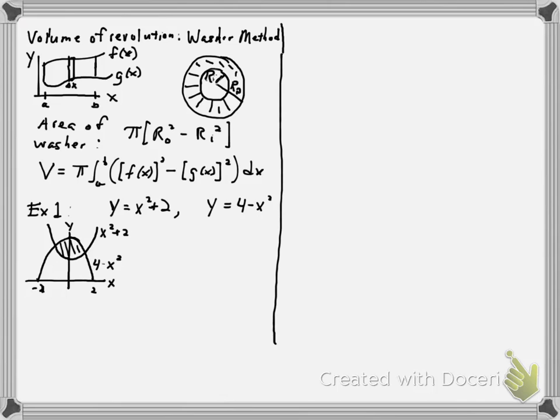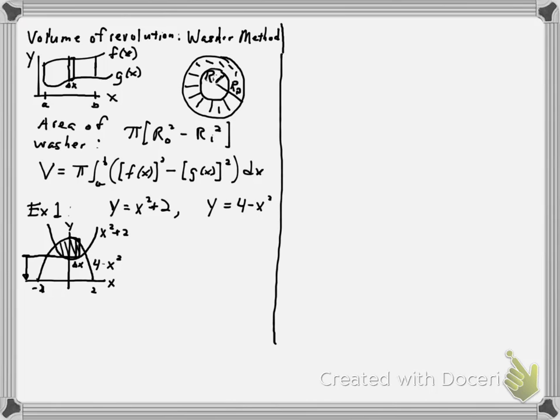We're going to be rotating about the x-axis, and if I construct a representative rectangle, here's a representative rectangle, it has width delta x. The rectangle that we're rotating about the x-axis can turn into a washer.